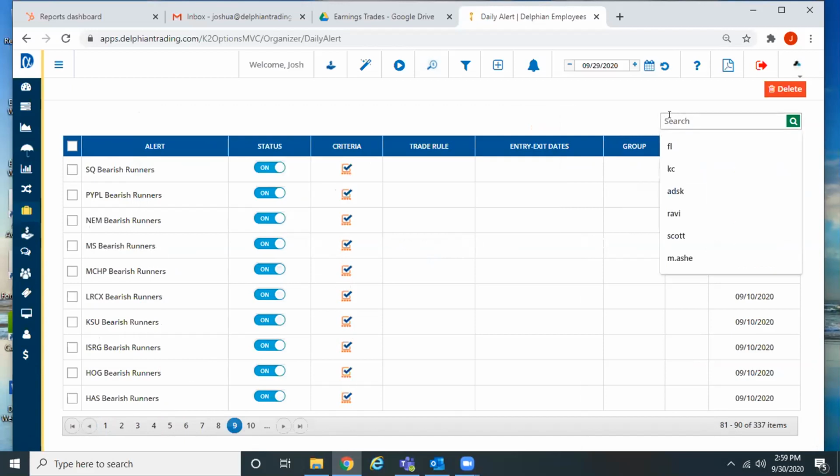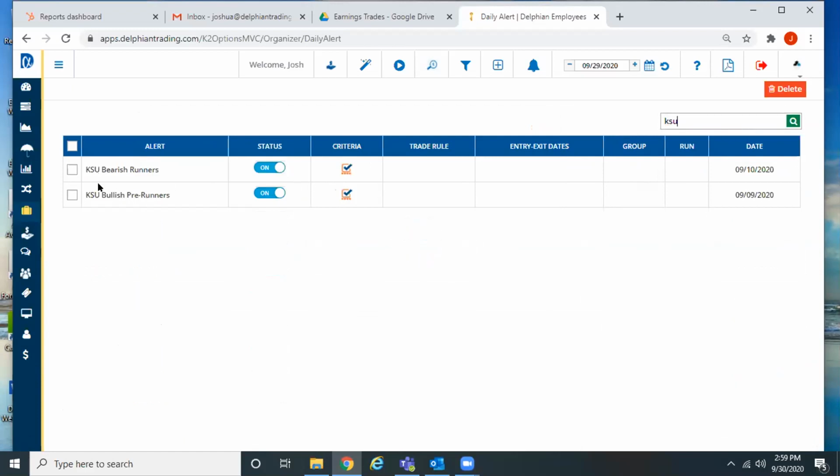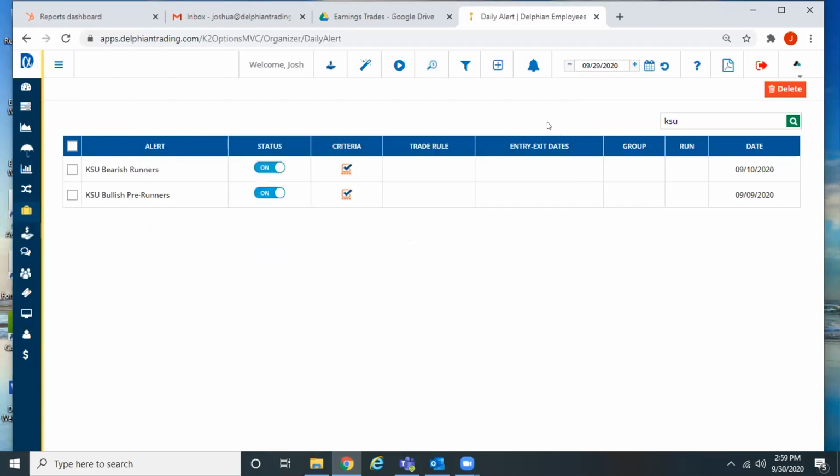But you can also search by symbol, like if you have 300 like I do. It just gives you your entry criteria. It doesn't have all the testing data here. But that's where they're at, and you can delete them.